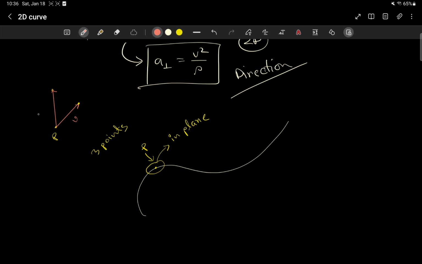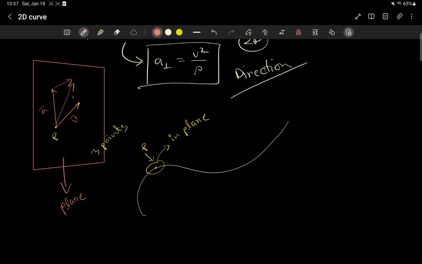If you use del v or dv or anything, or acceleration, I think acceleration is a better term here. So v and acceleration create a plane. At some instant, some really small interval, the kinematics will be restricted to this plane. And this acceleration is also changing because this curve is in 3D, so the change of which might not be in the plane.